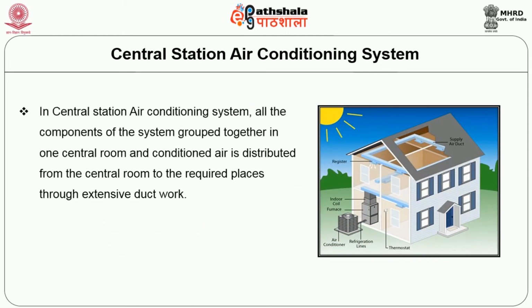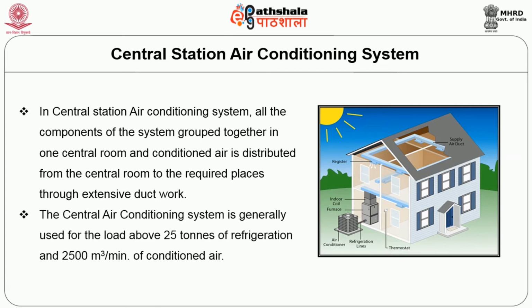In central station air conditioning system, all the components of the system are grouped together in one central room and conditioned air is distributed from the central room to the required places through extensive duct work. The central air conditioning system is generally used for loads above 25 tons of refrigeration and 2500 meter cube per minute of conditioned air.